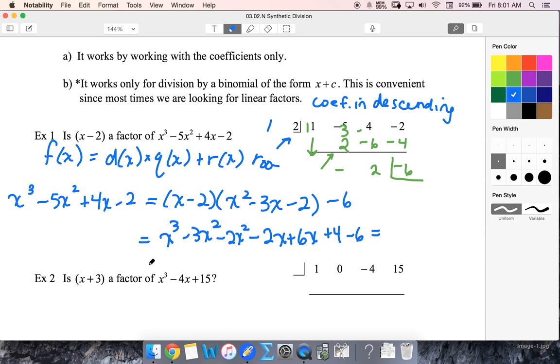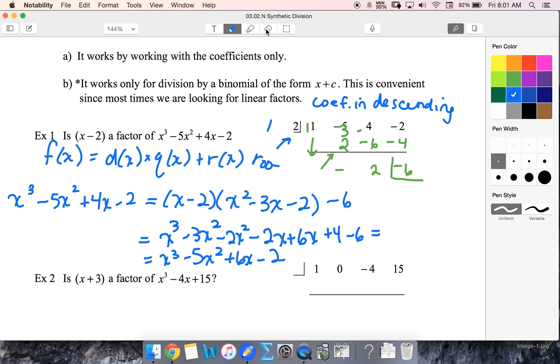This gives me x cubed minus 5x squared plus 6x minus 2. So it did check out. Because there was a remainder, then obviously x minus 2 is not a factor.